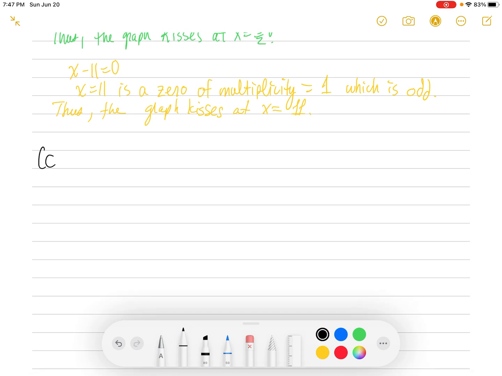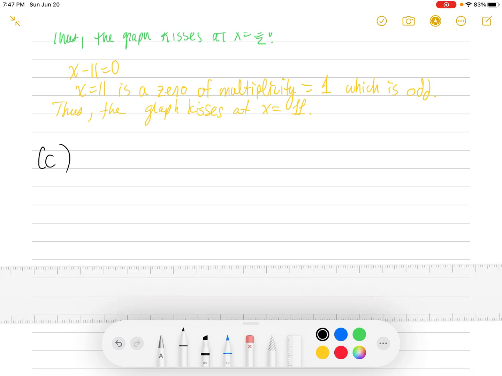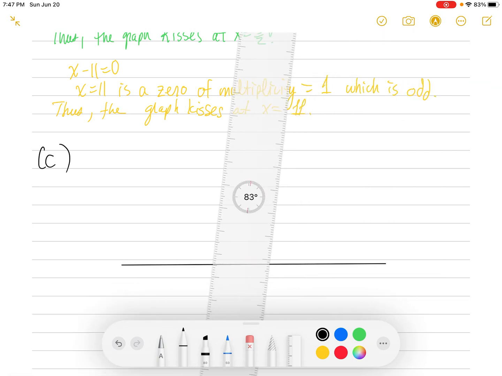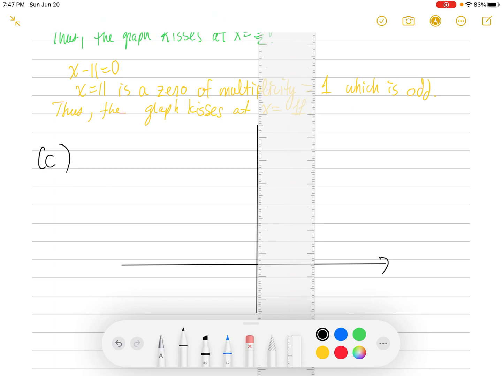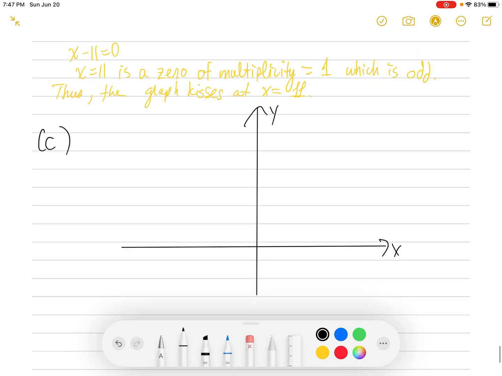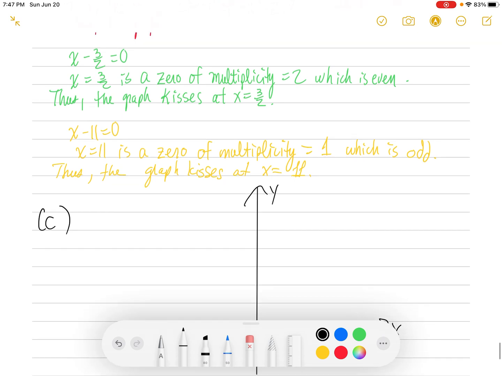So here I'm going to put everything together for my generic graph. X-axis and y-axis.